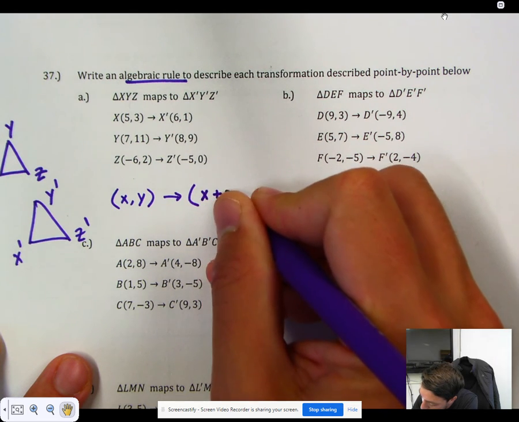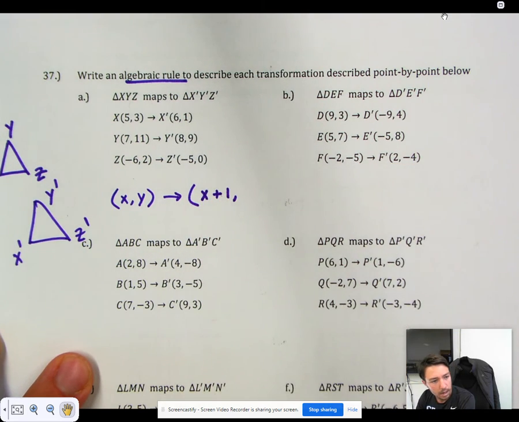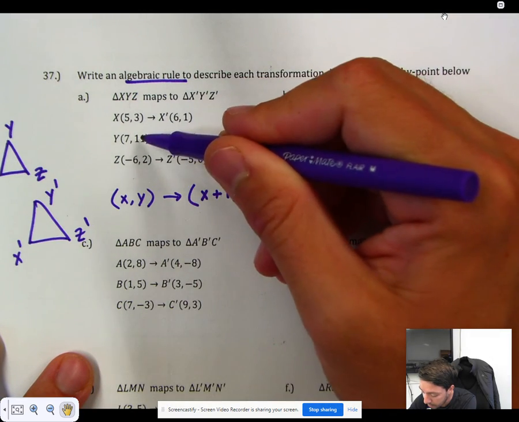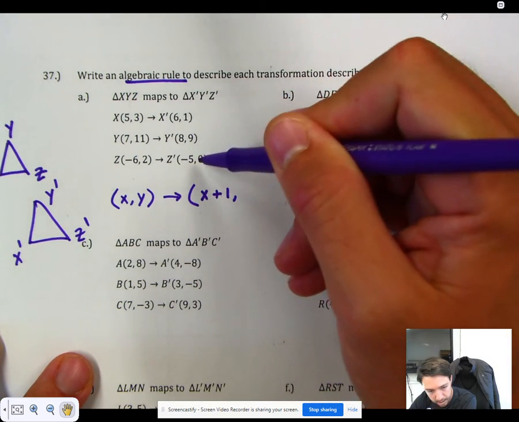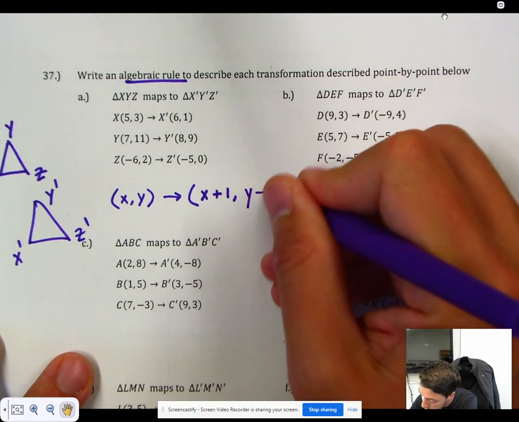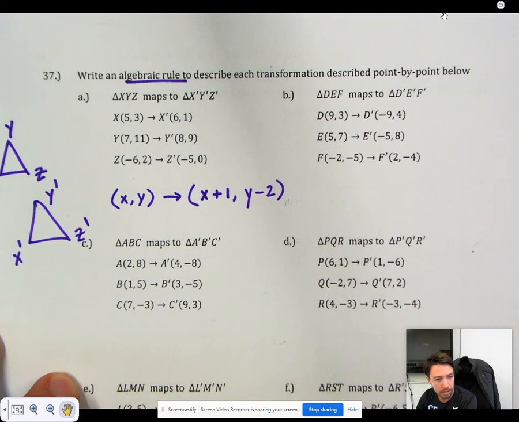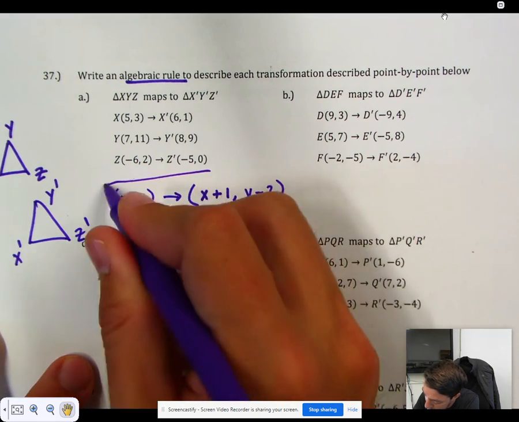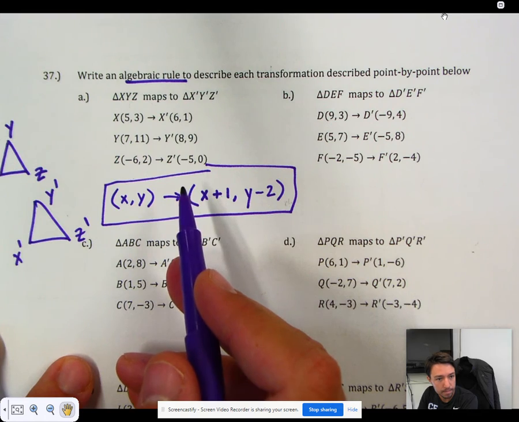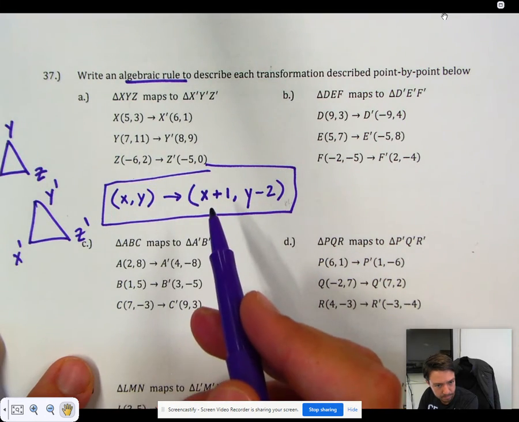Well, we're adding 1 to it. How about the y value? 3 went to 1, 11 went to 9, and 2 went to 0. In all 3 times, the y value had 2 subtracted from it. So this is the answer to the question. This is the algebraic rule that does this transformation. Okay.